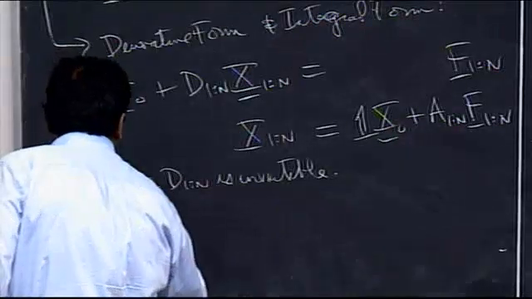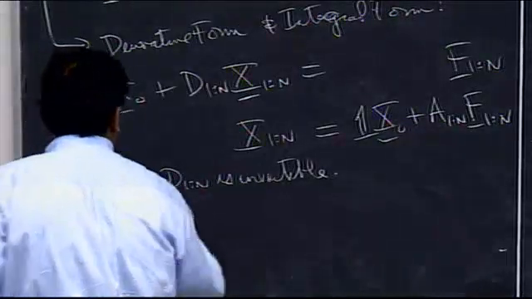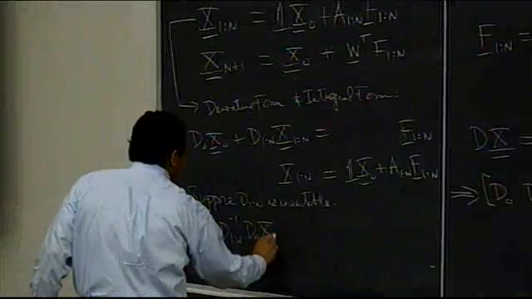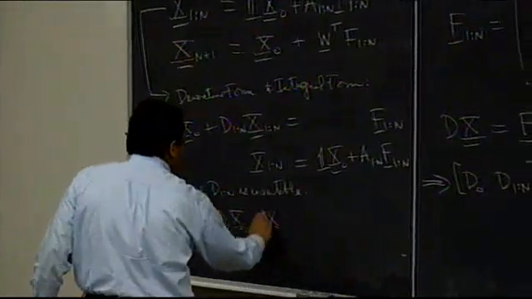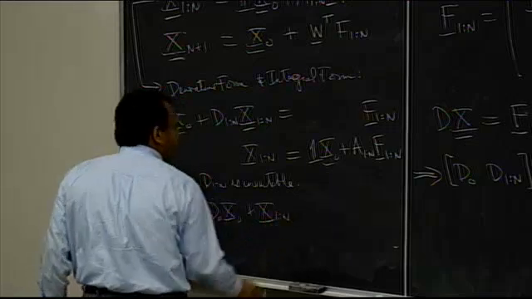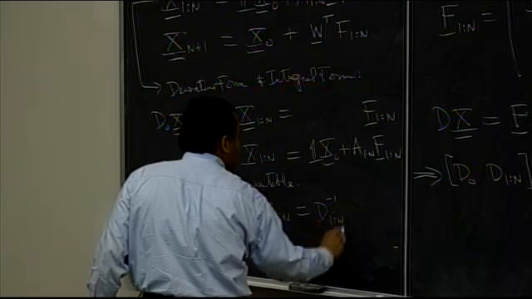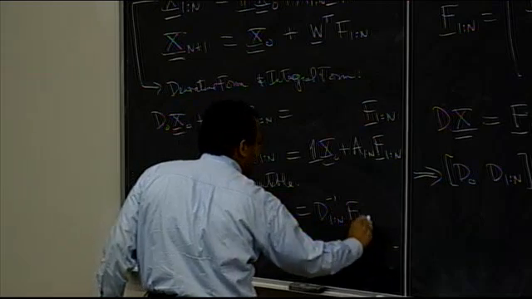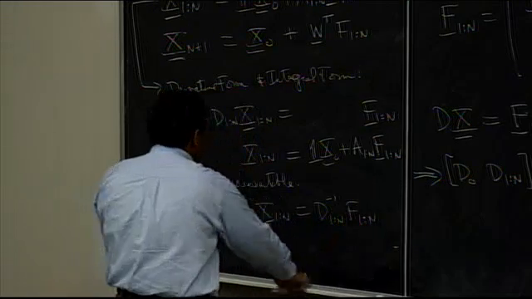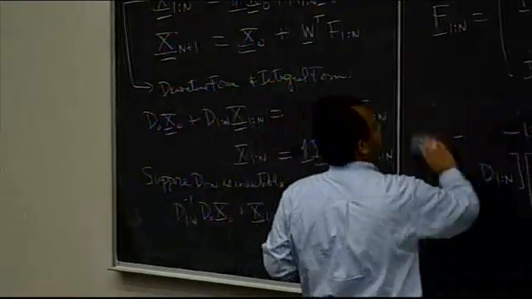I get D 1 colon n inverse times D0 times x0 plus x 1 colon n is equal to D 1 colon n inverse times f of 1 colon n. So now all I've done is just multiply by the inverse. I haven't done anything fancy here.